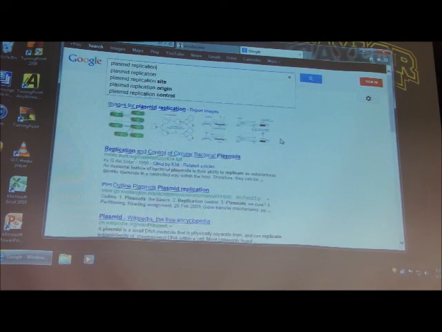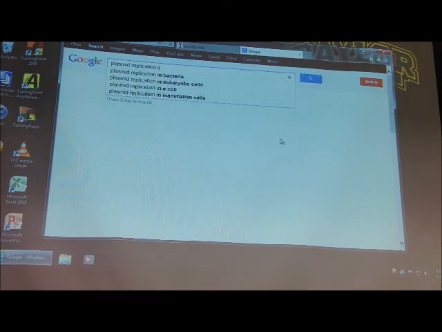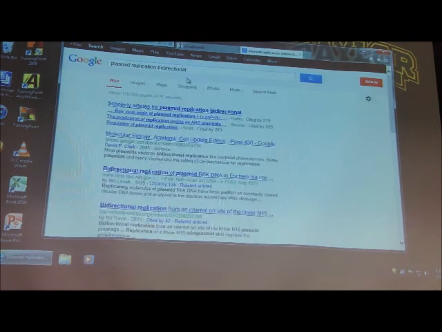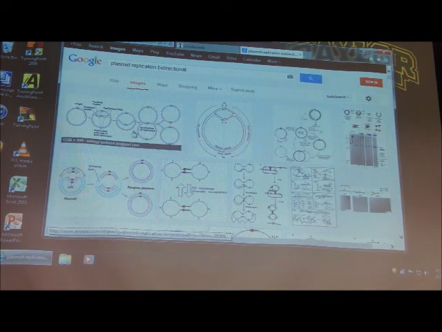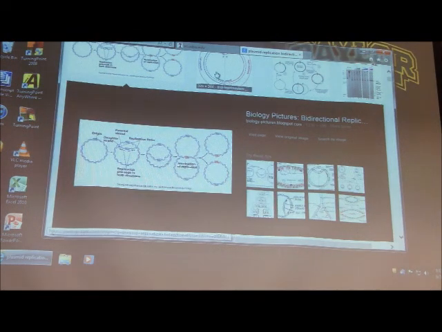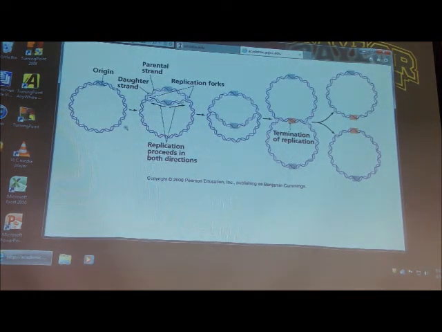Let's look at plasmid replication. Normally, we have the origin of replication, and then we have these replicating forks, and we just keep on going until we finally finish.